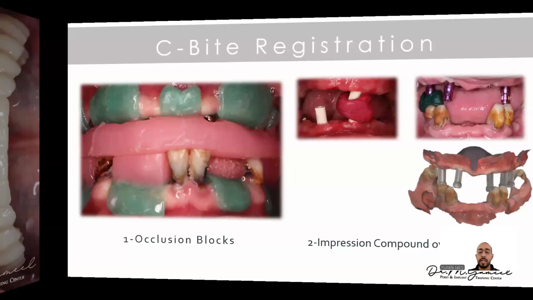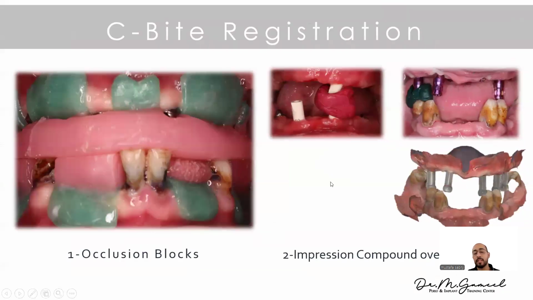For the jaw relation, as I told you, usually for me, the ideal is to do a pre-operative scan if your patient has teeth. But if the patient doesn't have occlusion, you can use the classical way: occlusion block, doing splitting, and take two scans, one for the right and one for the left, or sometimes two scan bodies matching each other, or sometimes a scan body meeting a tooth with an impression compound or green stick or composite.